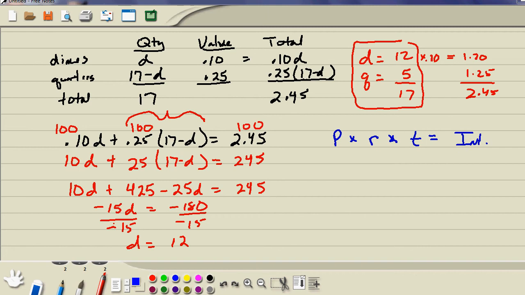Now my time can be a year, could be a half a year, could be a year and a half. And so you have to be careful to put that in the right formula, making sure that the rate and the time are equivalent. For example, if I told you that my annual interest rate is 12%, okay, this is not part of the problem, it's just an addition, and this is 12% per year, and they say it's going to be a 6 month loan.